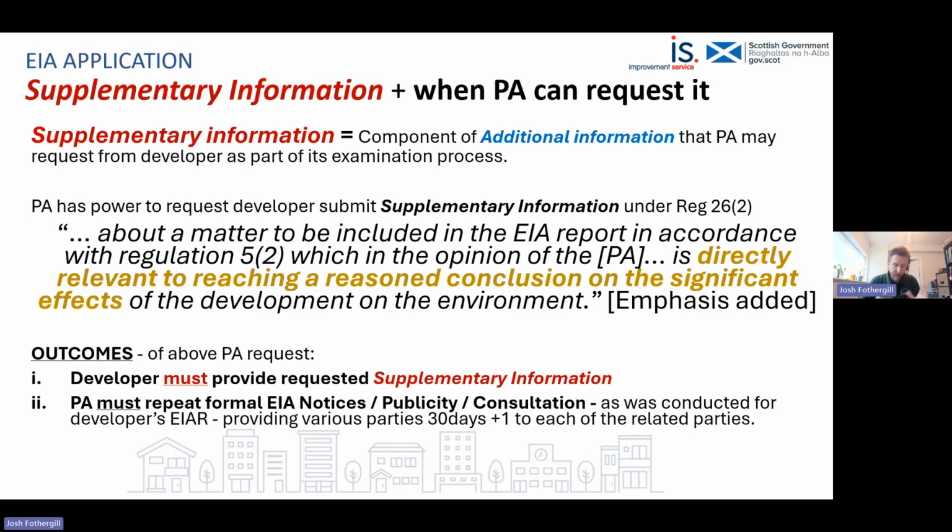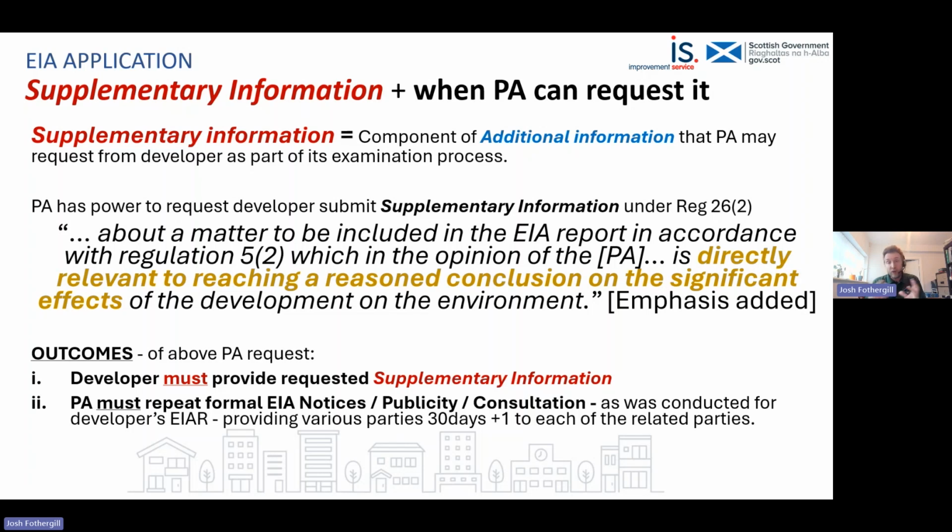It is worth noting under Regulation 26.4, you may in writing require such evidence of the EIA report or additional information that you feel is reasonably needed to verify information that's contained in the EIA report.